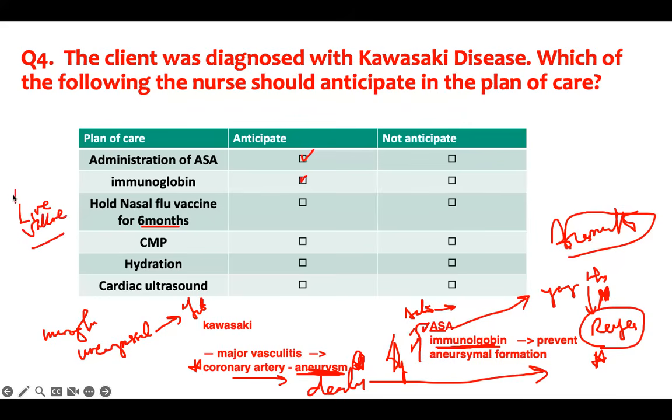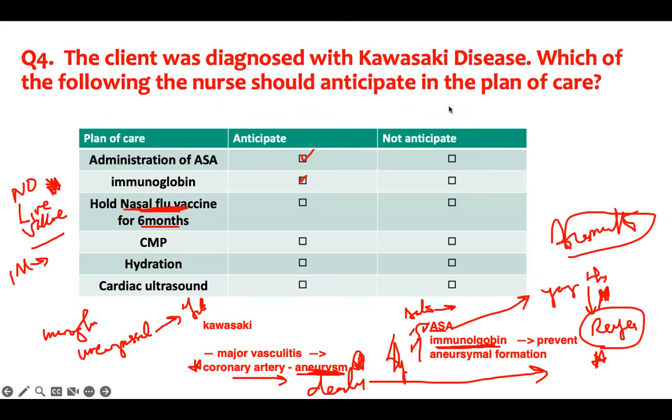No live vaccine. Don't forget this. This is a content you should know. No live vaccine for anybody who gets immunoglobulin. And therefore, since they cannot get a live vaccine, the nasal flu, no. But they can get an IM flu vaccine, yeah, they can get it, but not the nasal one.